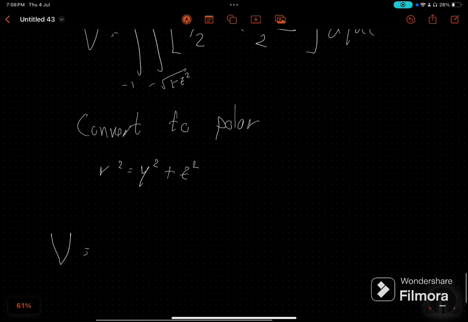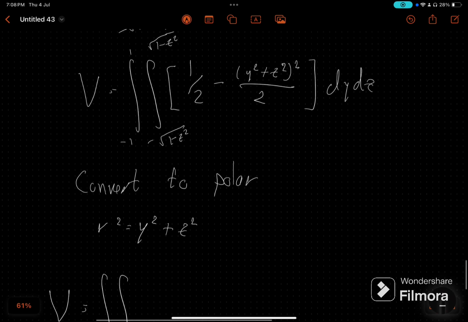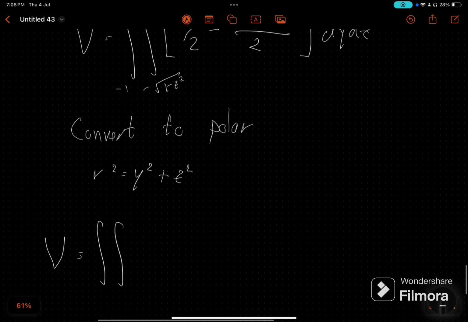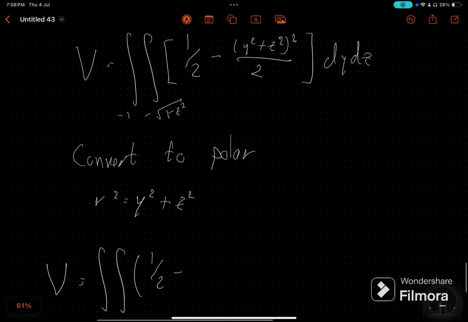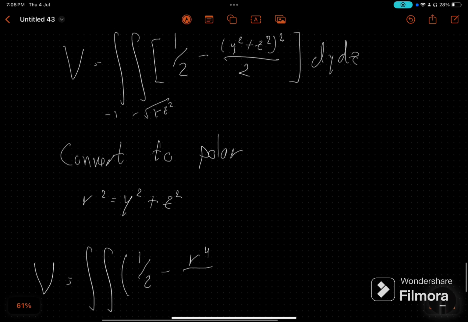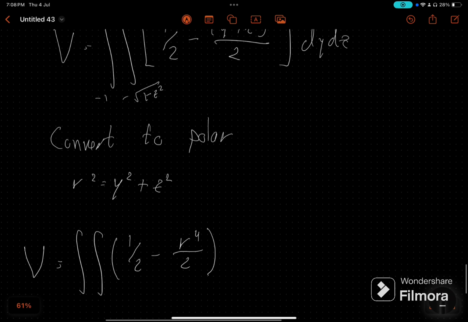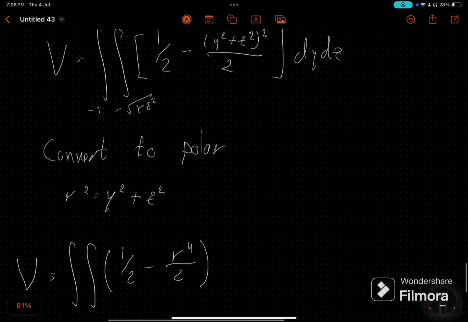So V equals the double integral, like evaluating an area, of 1 over 2 minus r to the 4 over 2, times r, dr d theta.